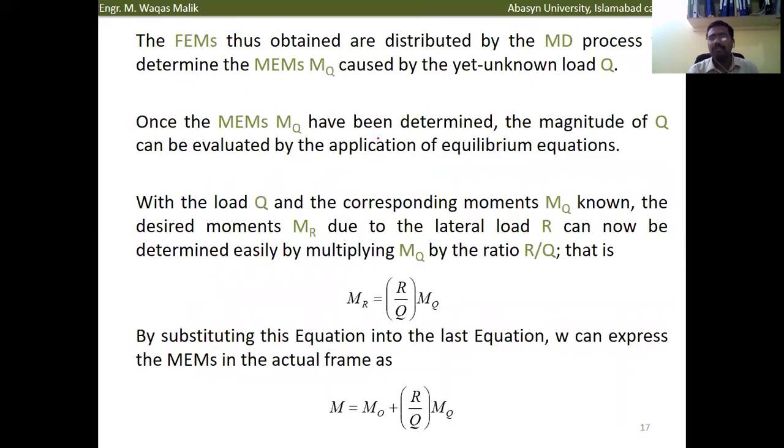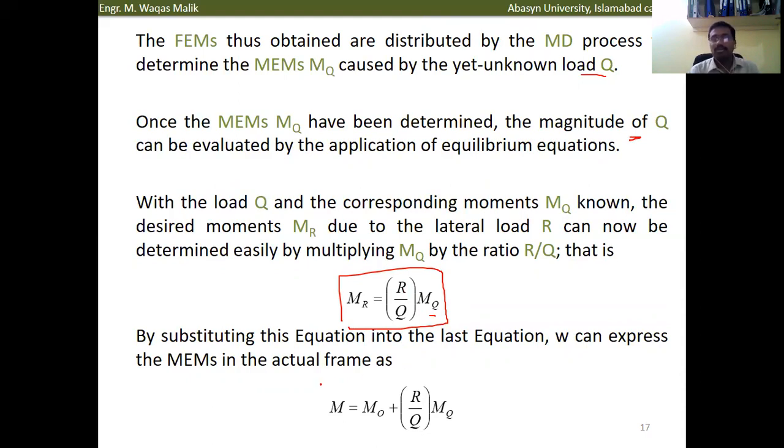And once we have the value of this Q, that is the load on the node, we are going to determine the value of the magnitude of load R. And the resultant moment MR will then be equal to a ratio of R by Q times MQ, where MQ is the moment generated due to the applied load Q, and R is the resultant value of the force that prevented the side sway.